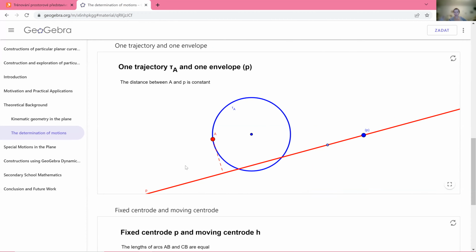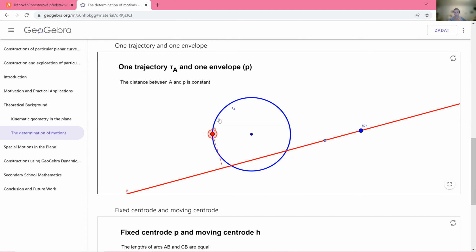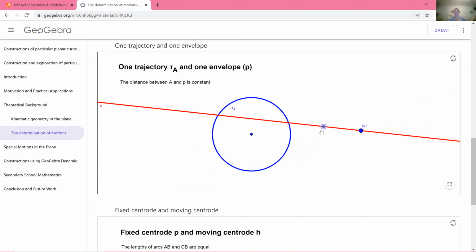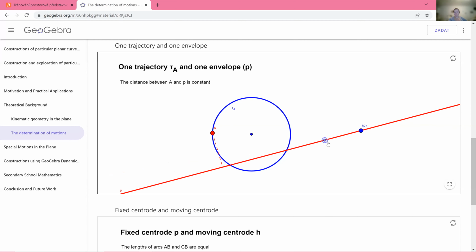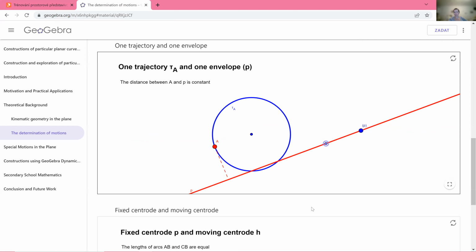Also, we can combine these options. We can have a trajectory and an envelope. A line is still going through some point, which is an envelope of that line, and a point A is still moving on a circle, which is a trajectory.